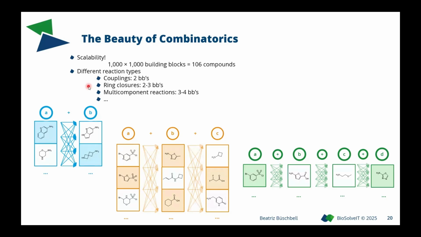We can do multi-component reactions where you have 3 to 4 building blocks, meaning when you envision the reaction definition, you have like 4 positions that lead to your product. And then you can also mix and match all these building blocks that you envisioned for the first position, for the second position, and for the third position, and so on. So it can be entirely complex.